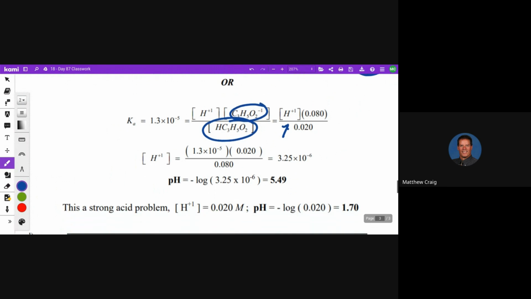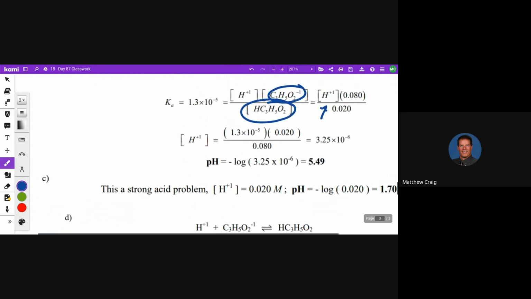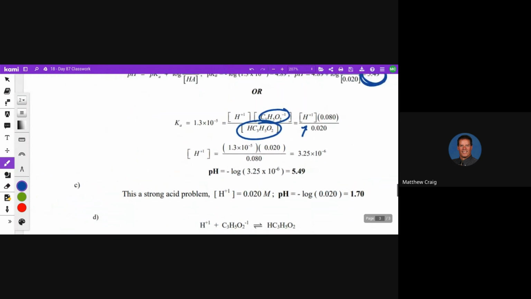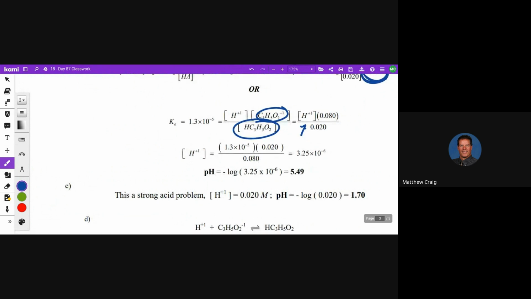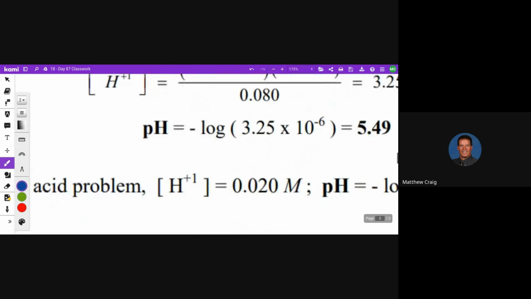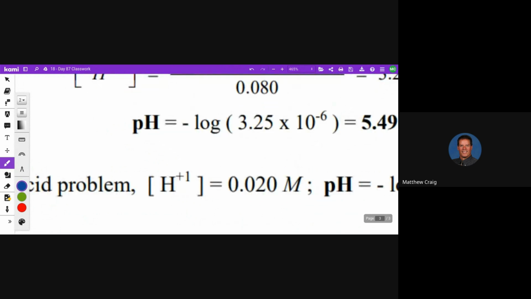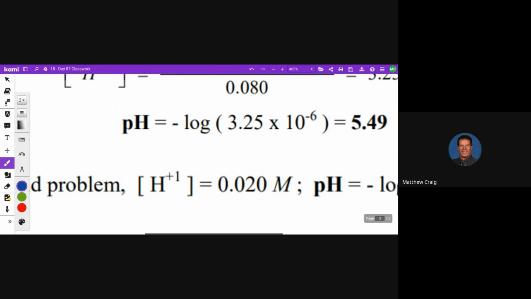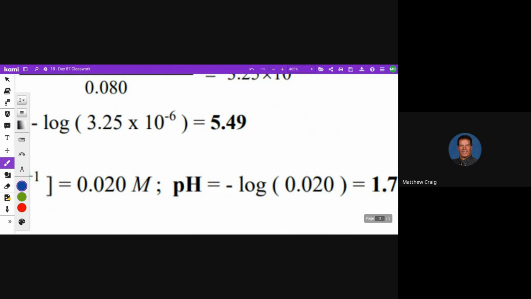Okay. All right. Looking at part C, this is a terrible situation. So we have pure water and we're adding 0.02 moles of hydrochloric acid to water. There is so little hydroxide in the solution that this essentially has just changed into a 0.02 molar solution of hydrochloric acid.